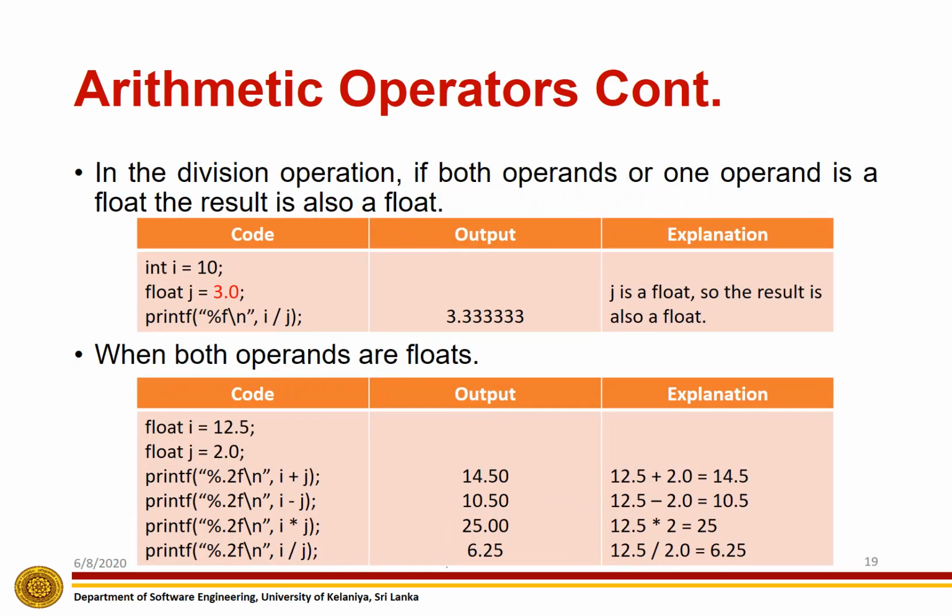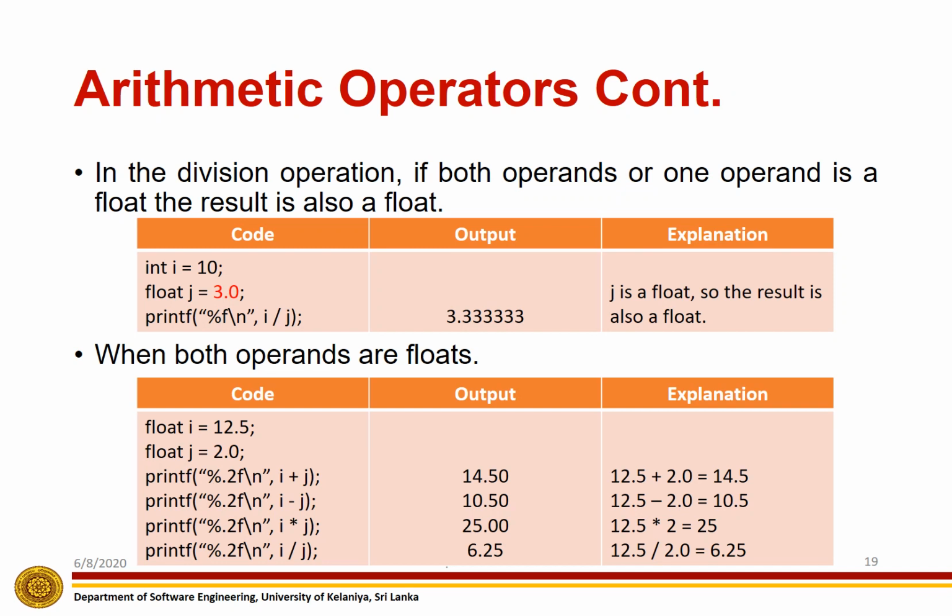In the previous slide we talked about integer division. So in the division operation, if both operands or one operand is a floating point value, the result must also be a floating point value.